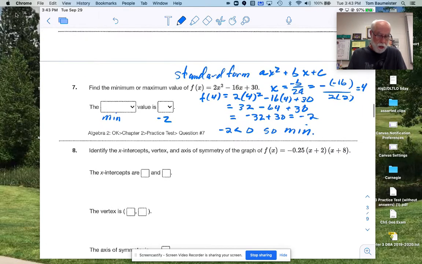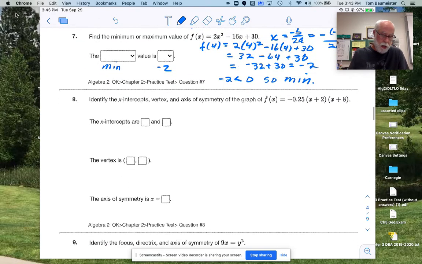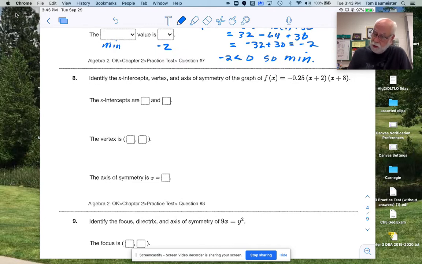Okay. Let's see, number 8. Identify the x-intercepts, vertex, and axis of symmetry of the graph of f of x is equal to negative 0.25, or negative 1/4, times x plus 2 times x plus 8. So remember, this one here is in the x-intercept form.